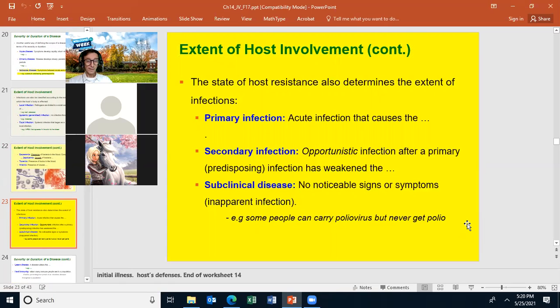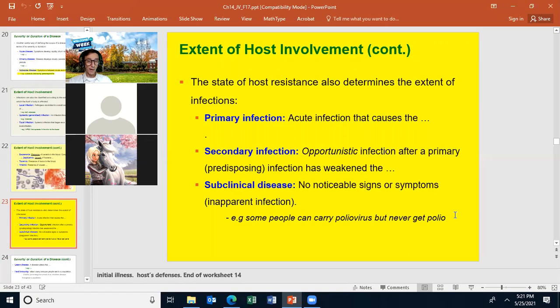We can also talk about the extent of host involvement continuing. The state of the host resistance also determines the extent of an infection. A primary infection is an acute infection that causes the initial illness. A secondary infection is an opportunistic infection that happens after a primary infection.